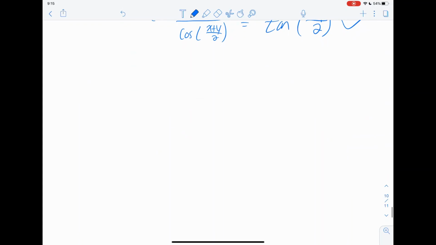So for example, we know how to solve equations like tangent of theta is equal to -1, find theta. We know how to do that. But what happens if this equation is way more complicated looking? Then what do we do? How do we solve for theta?